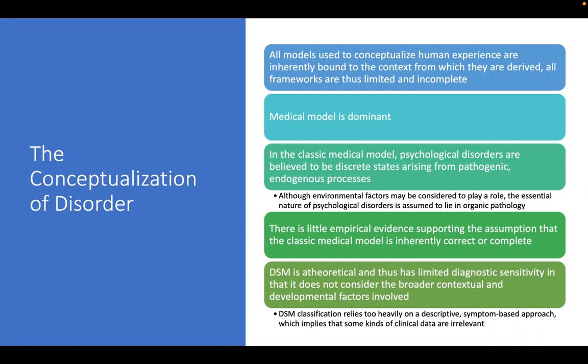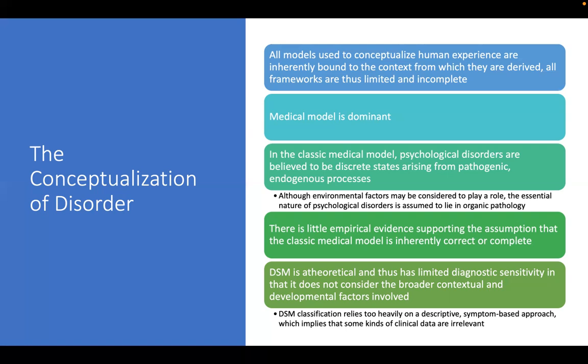In the classical medical model, psychological disorders are believed to be discrete states arising from pathogenic and endogenous processes. Endogenous is like internal triggers, essentially. So although environmental factors may be considered to play a role, the essential nature within the medical model is seen to be more organic.